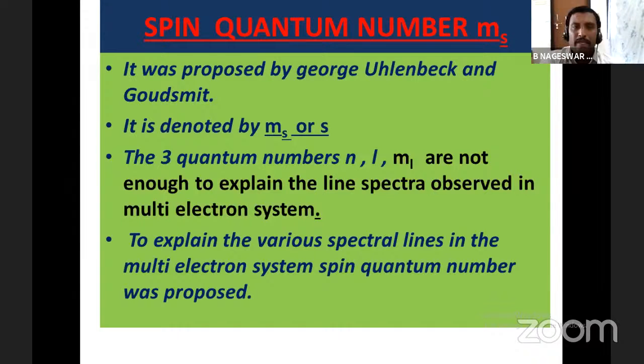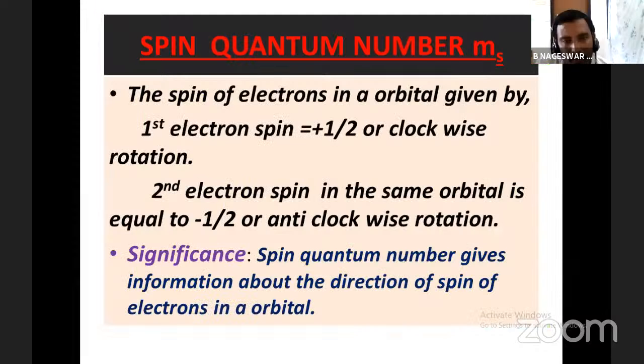The spin quantum number is the spin of the electron. Suppose we are taking one particular orbital, for example 1s2, the helium electronic configuration. Two electrons are filled in the 1s orbital.